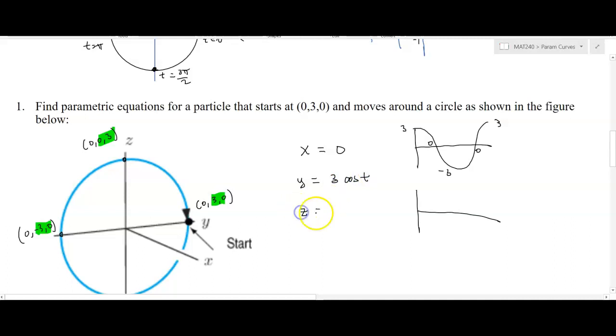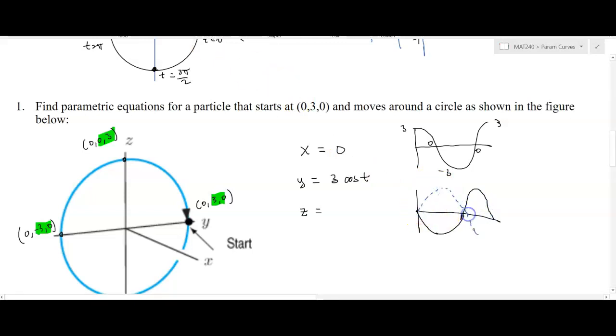My z component, I have to think about the fact that I want it to go from 0 to negative 3 first. So 0 down to negative 3. And then once the z value goes to negative 3, over the next quarter circle, z will go back to 0. And then z will go up to 3 and then back down to 0. So this almost looks like a negative sine function, right?